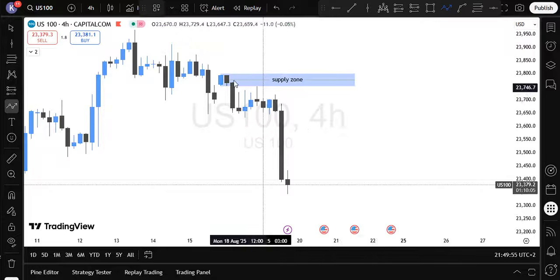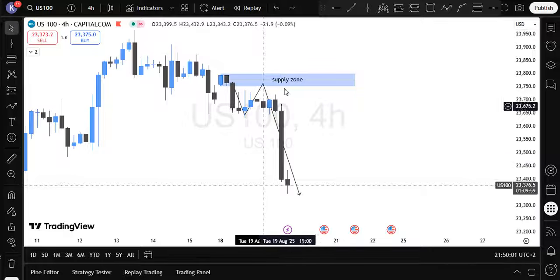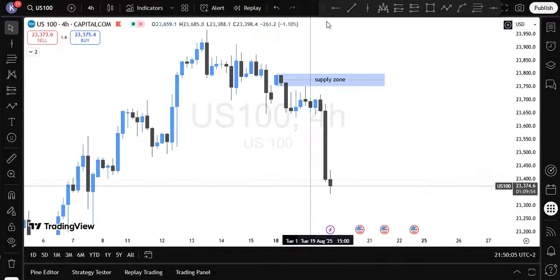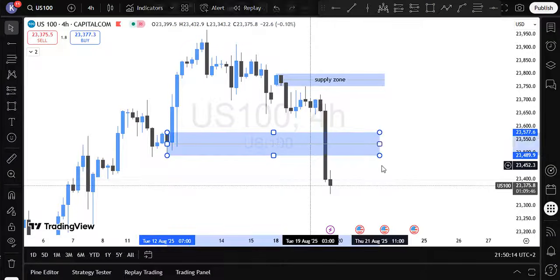Obvious, you are looking for what? A bearish movement, right? So this is your key level, which is your supply zone, right? And then obvious, that means if you are selling from that level, you are going to be targeting what? This demand zone here, right?